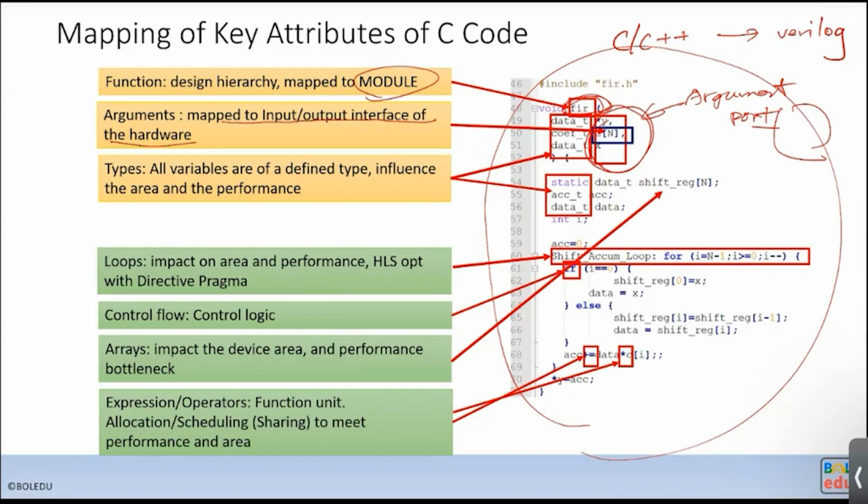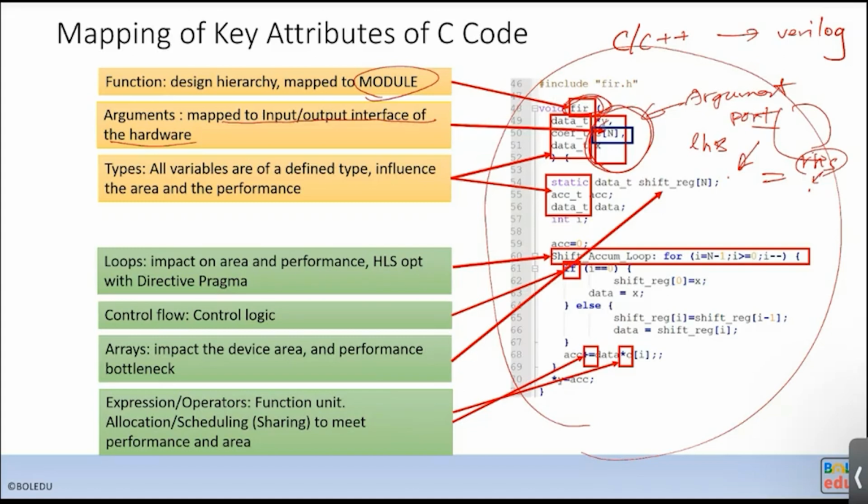And remember here, in the C language you don't specify input-output, right? So how does it recognize whether an argument is an input port or output port? It depends on whether it is on the left-hand side or the right-hand side of the equation. Right-hand side will be input. Left-hand side will be output.